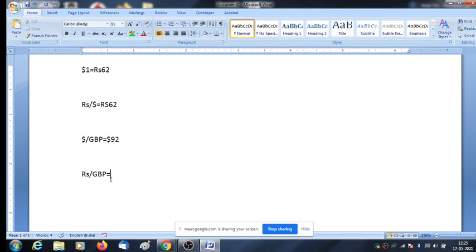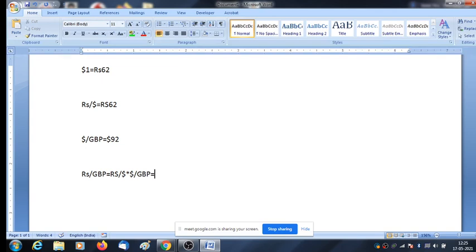Sir, see, basically to have this, rupees divided by dollar. Rupees divided by dollar into dollar divided by GBP equal to what you will get.